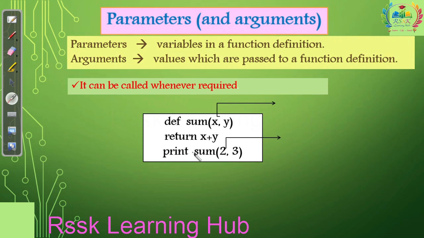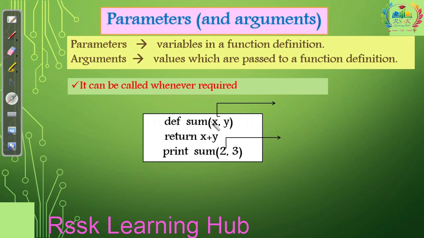Now see this one. This is the print function. The print function is calling this sum function, and you are passing the values 2 and 3. What does it mean? You are passing the value 2 to a variable x and 3 to a variable y. This 2 and 3 is called an argument.